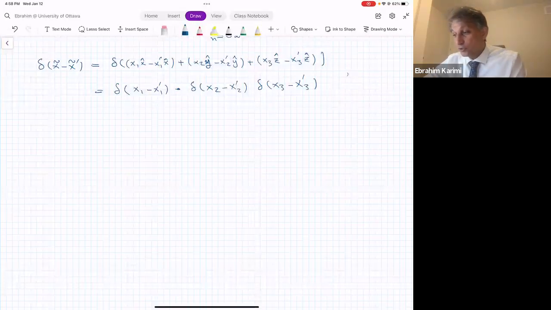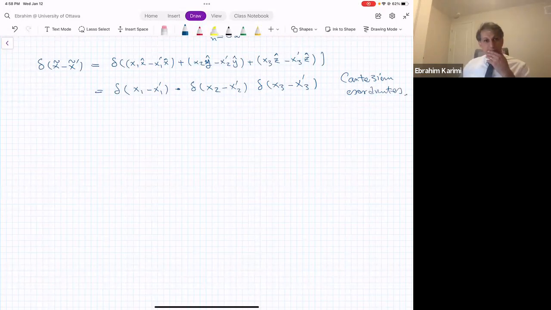That's in Cartesian coordinates. So in Cartesian coordinates, the delta of a vector is given by a product of 3 deltas: delta for the x component, delta for the y component, delta for the z component. And I explicitly say that this is for Cartesian coordinates, okay?